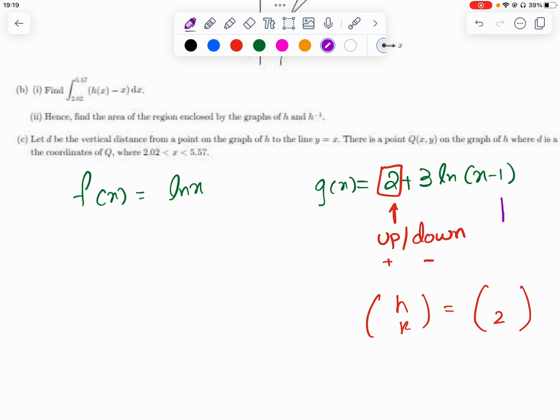Now the number inside, minus 1, indicates either left side or right side. If it is left side, I use plus, and if it is right side, I use minus. Now x minus 1 means it is moving right side by 1 unit. So it is going to be 1 comma 2.